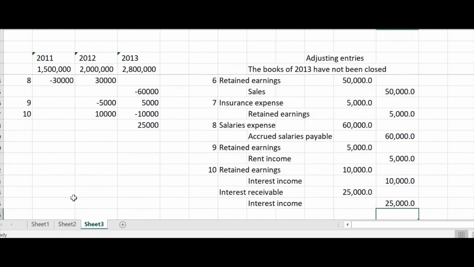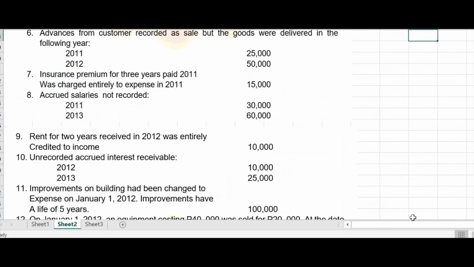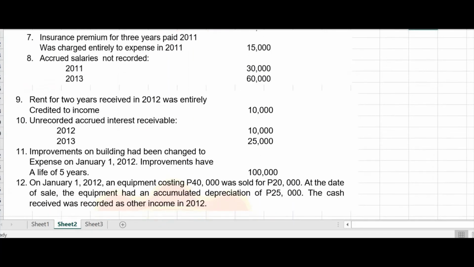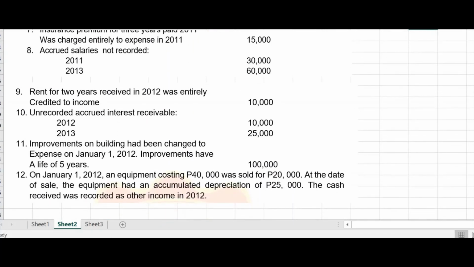Okay, so let's have the second to the last error. We have number 11. Okay, so improvements on building had been charged to expense on January 1, 2012, having a life of 5 years.